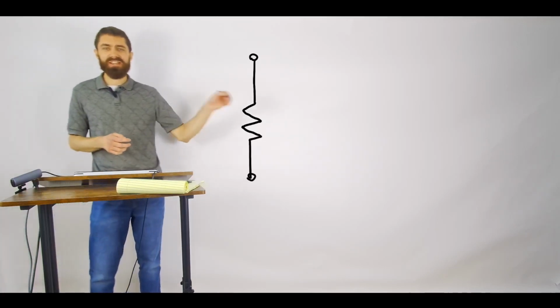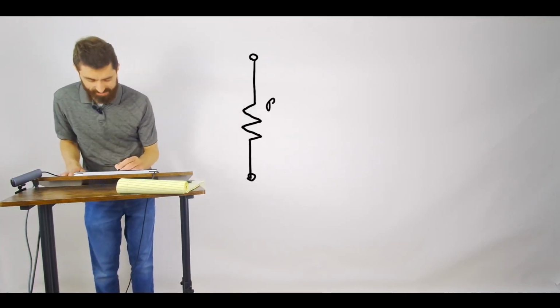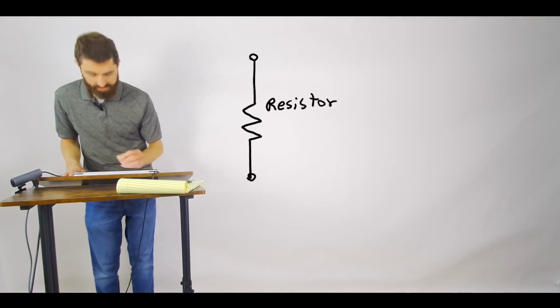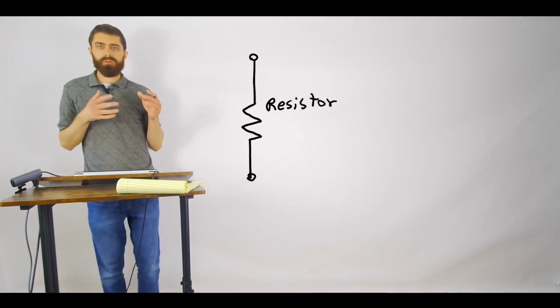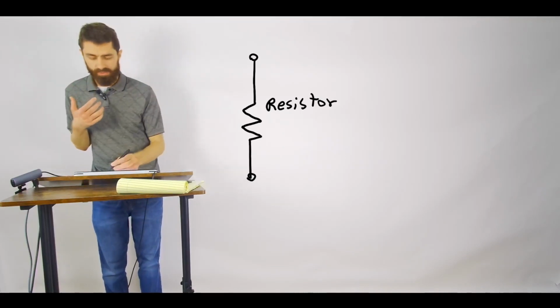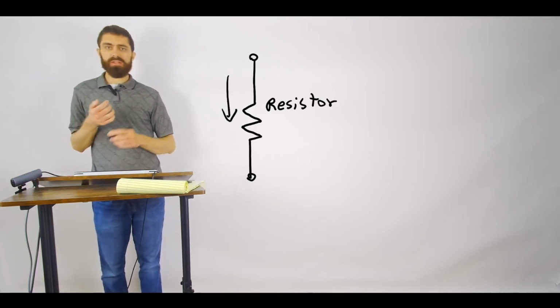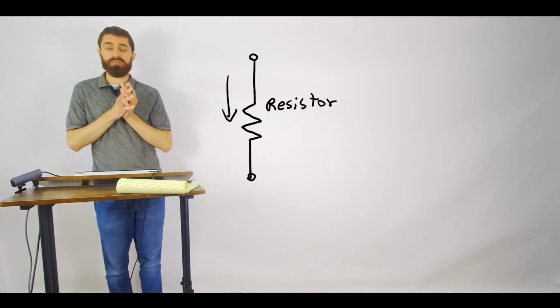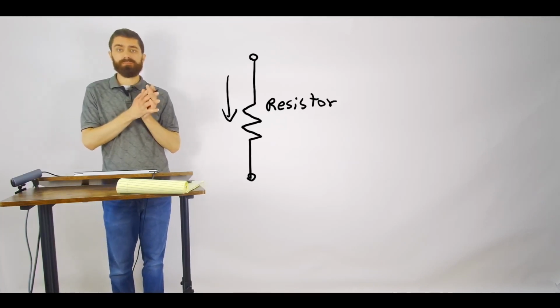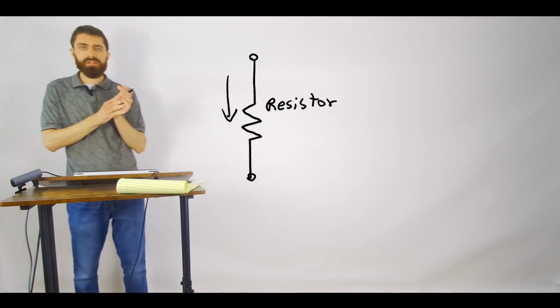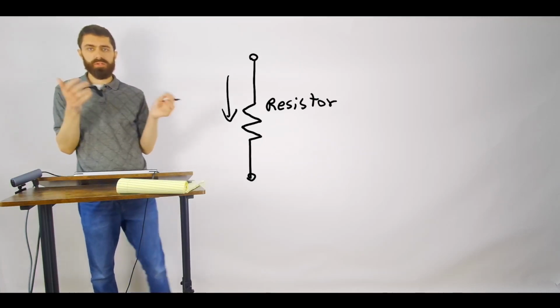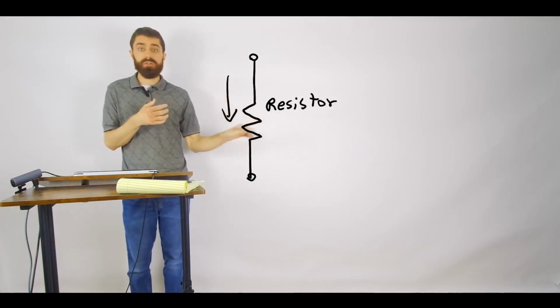It's basically a zigzag line. And essentially what a resistor does is, when there's a current flowing through it, it converts the energy into heat.